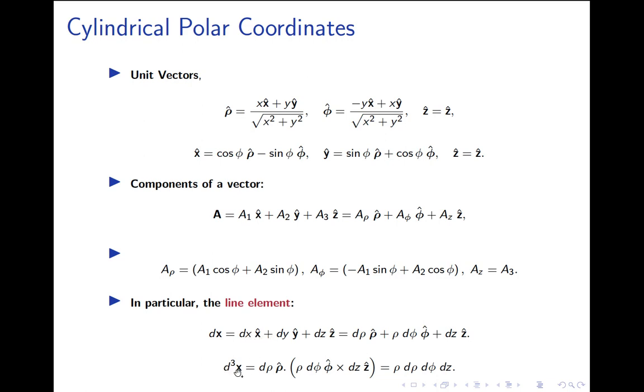And then you can ask about what about the volume element. Volume element in this coordinate system is defined by, as you know, the scalar product of three vectors. Volume which is bounded by these three sides, one side, the other side, third side. These three vectors are bounding the sides of a cuboid, and the volume of a cuboid bounded by three vectors a, b, and c, as you know, is a dot b cross c.